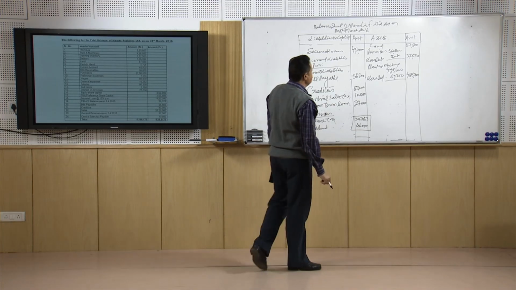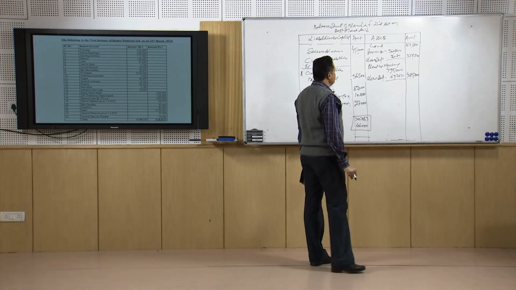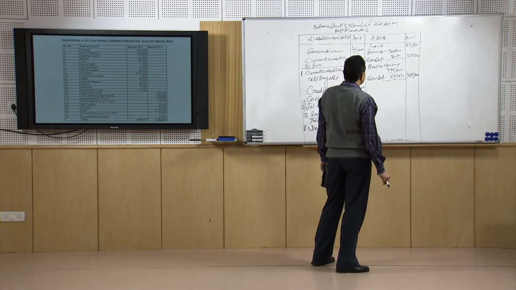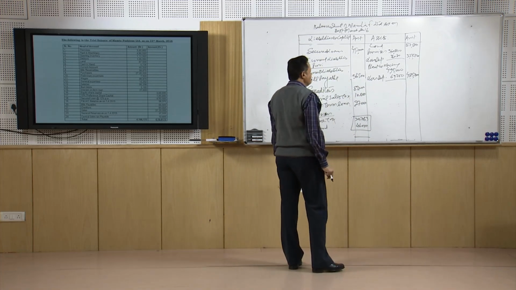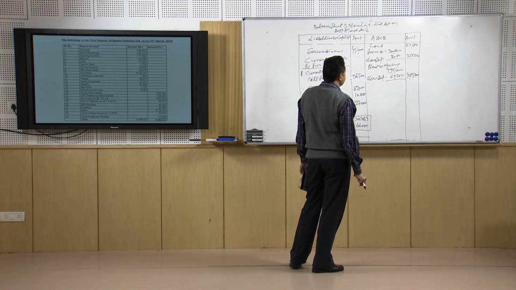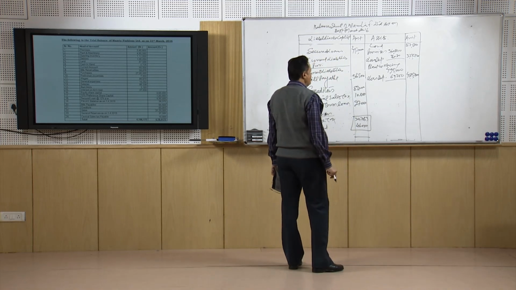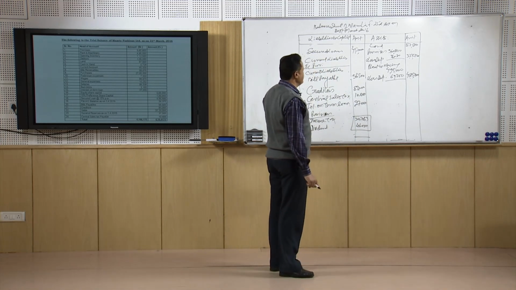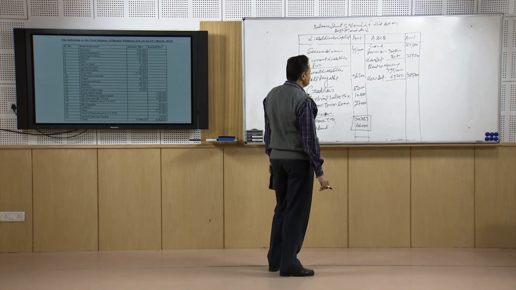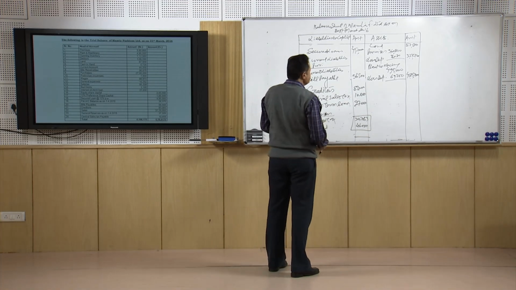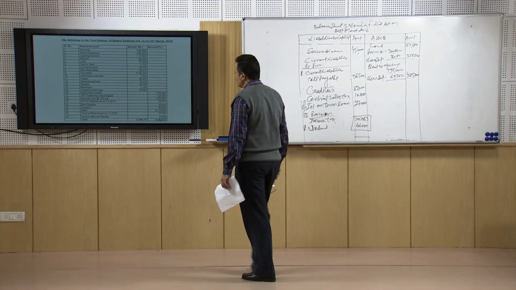Land was for 87,500, premises for 3,60,800 less depreciation. So final balance left at the end of the current year is 3,24,720, and then we have the plant and machinery, that is 4,95,000 and depreciation subtracting it. So we are left with 4,25,700. So these are the three long term assets.